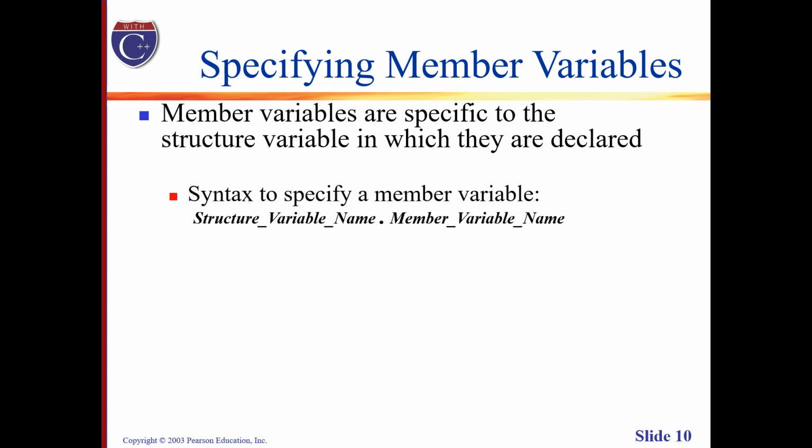So here is the syntax to specify a member variable. First, we need to specify the variable name for the structure that we would like to access, and of course, we use the dot operator followed by the member variable that we would like to access, whether we would like to get its value or we would like to assign a value.